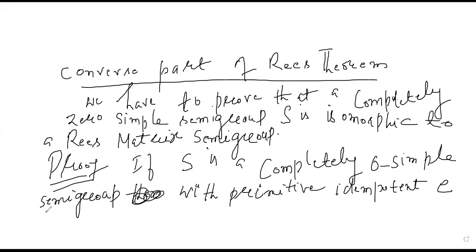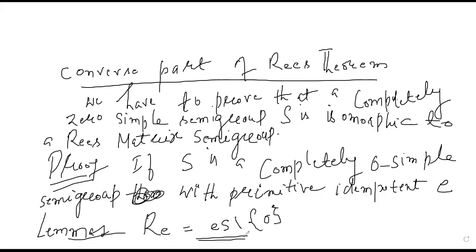We need to prove some lemmas, and lemma 1 we have proven. Lemma 1 was the R class of this idempotent E, that is R_E equals ES minus 0. So this was lemma 1 that we have proven.